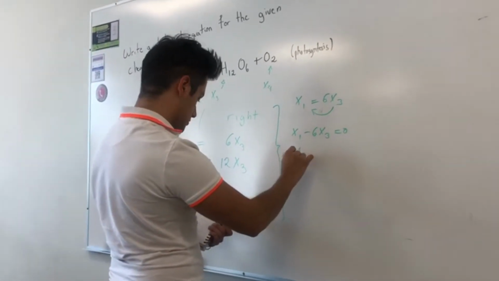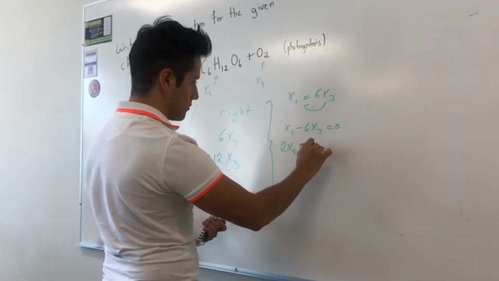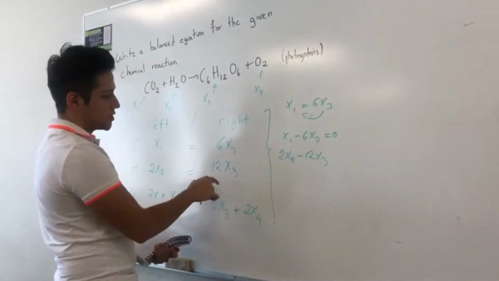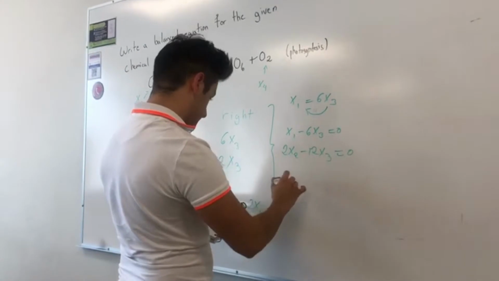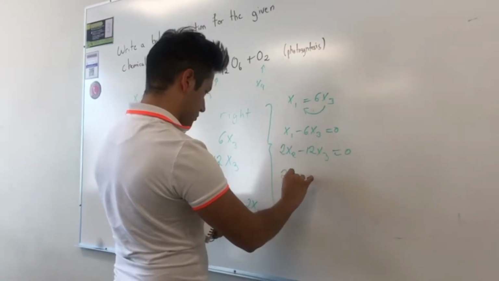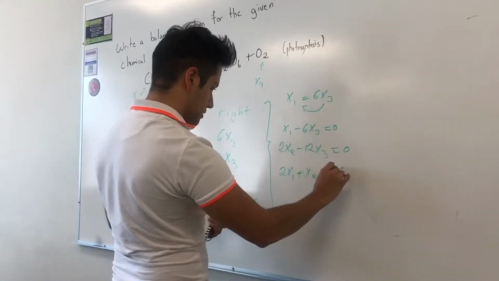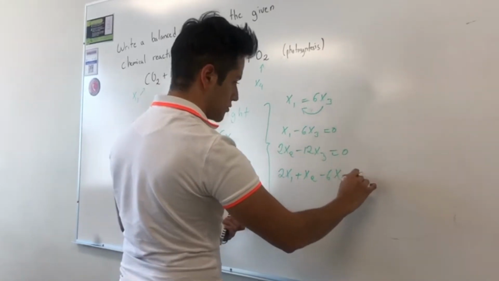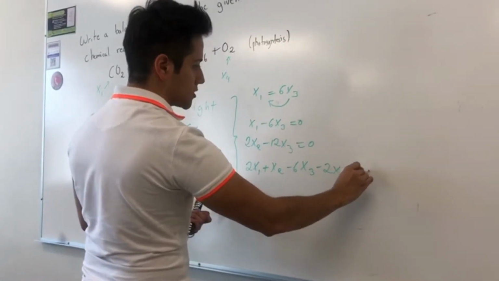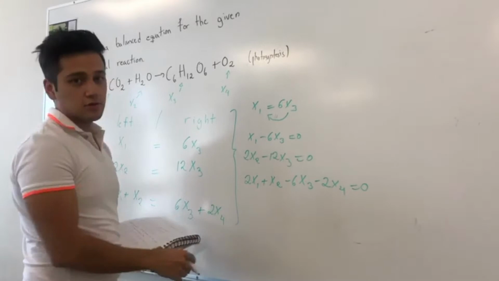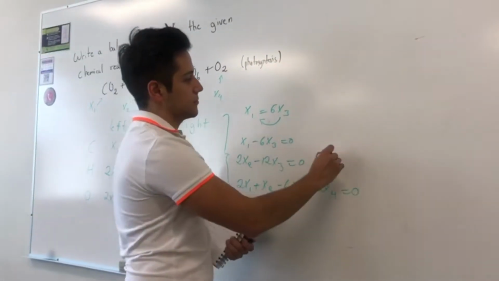Then we have 2x2 minus 12x3 equals 0, and 2x1 plus x2 minus 6x3 minus 2x4 equals 0. We can pass this to an augmented matrix.